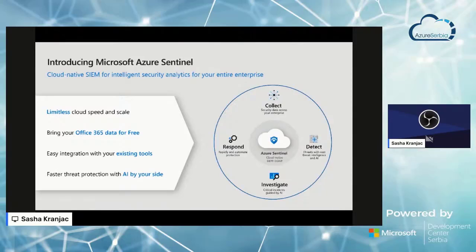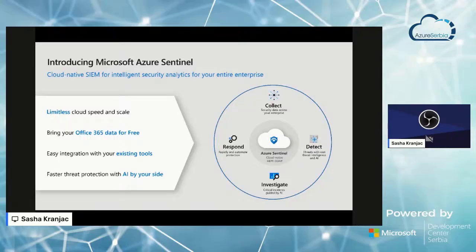So it makes it easy to collect the security data across the entire hybrid solution and workloads, from any kind of workload, for example servers and user devices and IT and so on.